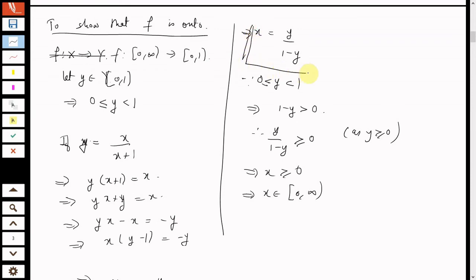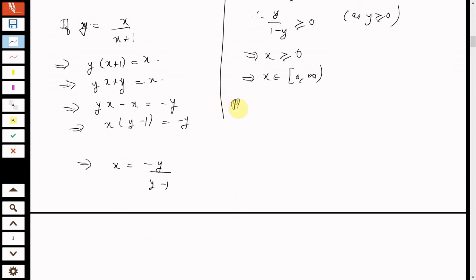So if I define g of y to be y upon 1 minus y, whenever f of x is equal to y, we see that g of y is equal to x. So this proves that f is onto and hence f is a bijection.